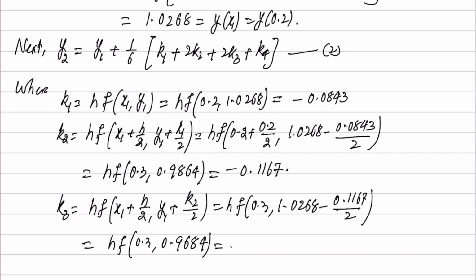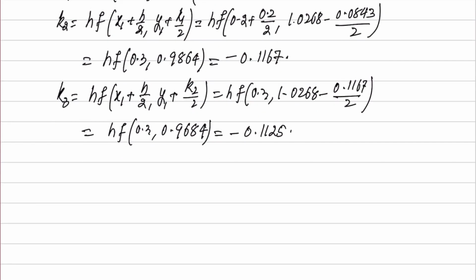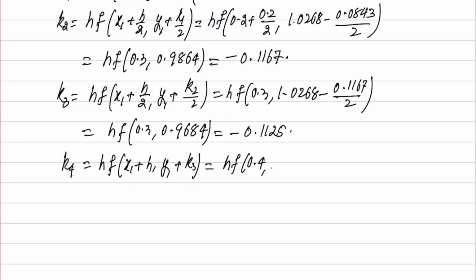Now using the function f of xy, this finally becomes 0.1125. Now similarly k4, which we define as h f of x1 plus h, y1 plus k3. Now this is equal to h f of 0.4, and the second coordinate is 0.9142. This is equal to minus 0.1337 using the function f of x and y.